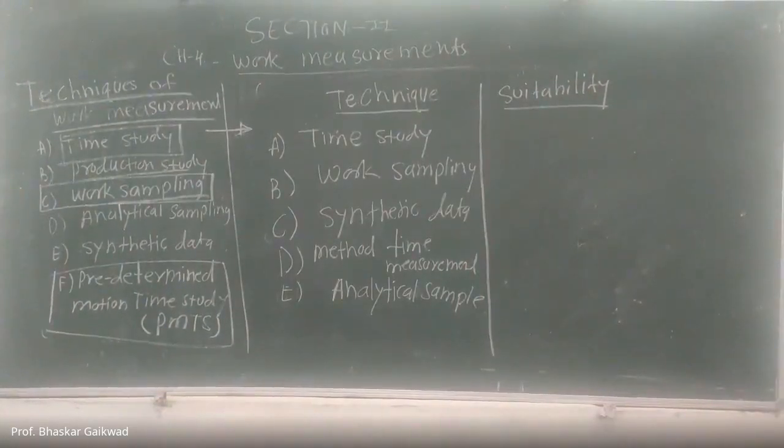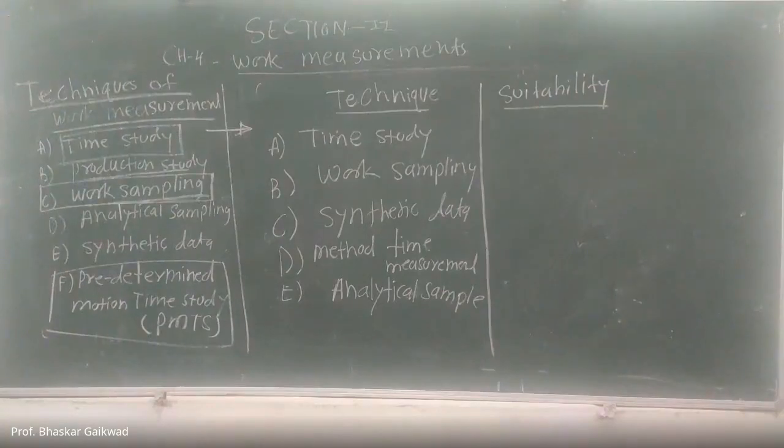Then here, predetermined motion time study. This actually requires a camera to study the motion and the time required to complete that motion. Correct. So here A, B, C, D, E, F. This much only, we will think of the production study B and F. This part is a little bit different from these 4, 5.